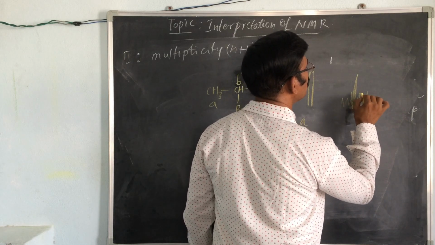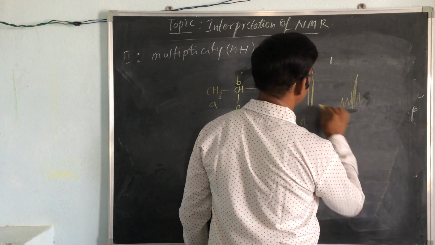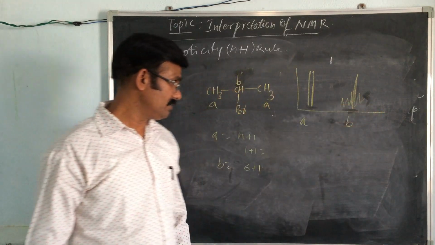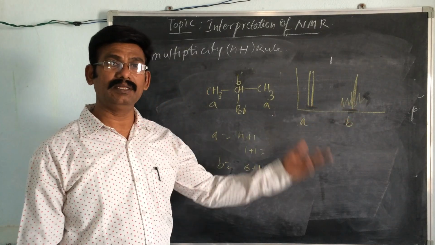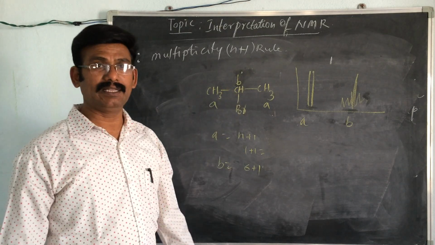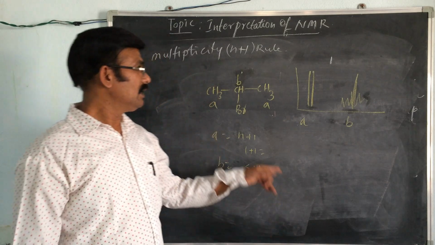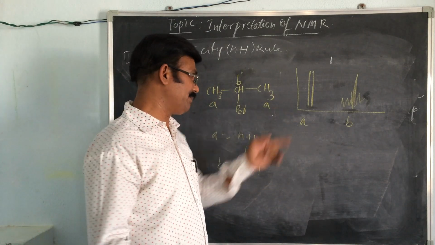In a graph, this will come. So one is the doublet and this is the multiplet, the septet. So this is one more example of multiplicity. But here the last topic is the chemical shift.